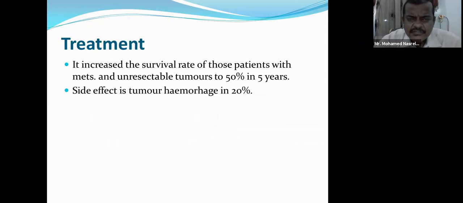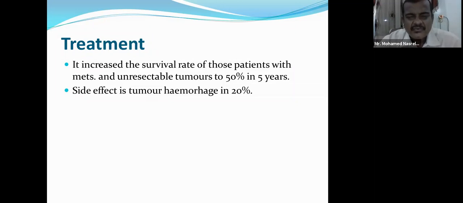It increased the survival rate of those patients with metastases and unresectable tumors to 50% in 5 years. Before introducing imatinib into the treatment of gastrointestinal stromal tumors, the survival rate was 20% in 1 year for those patients with metastatic gastrointestinal tumors.